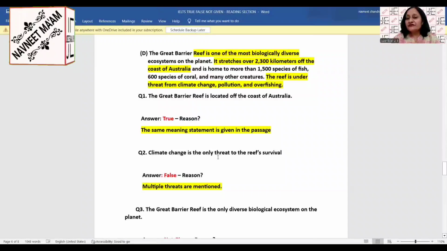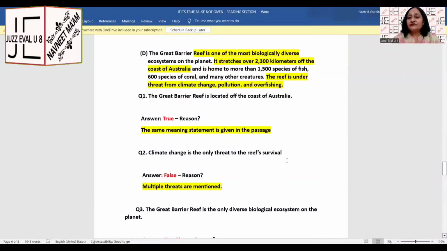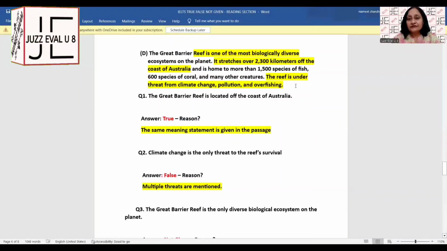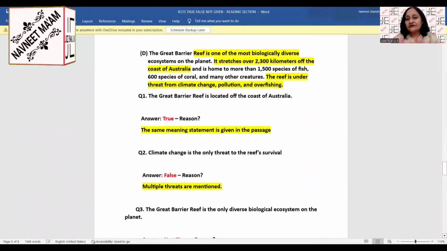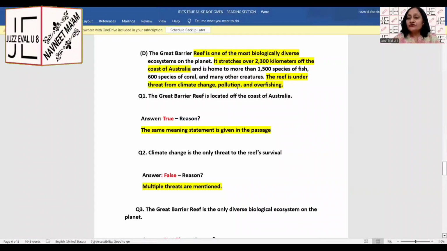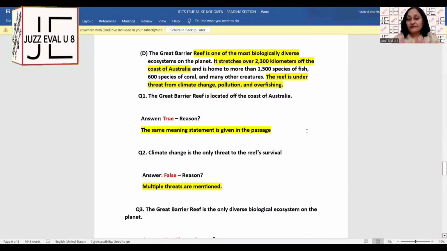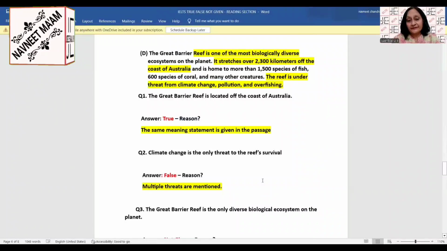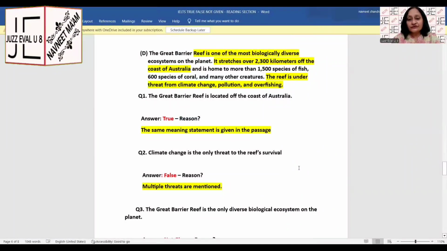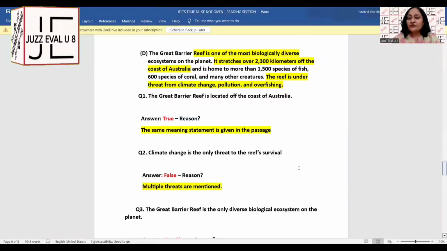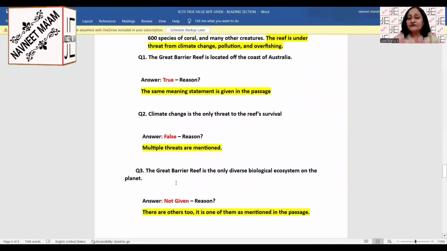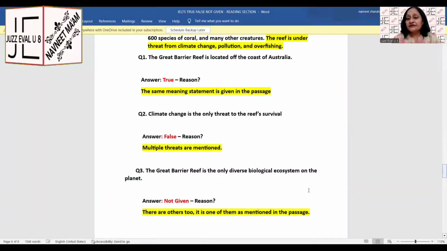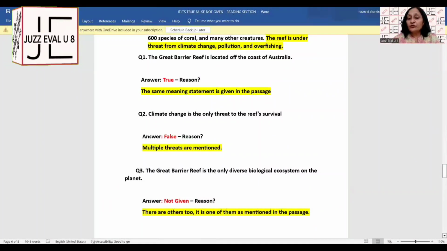Second, climate change is the only threat to the reef's survival. Is it? If we see here, the reef is under threat from climate change, pollution, and overfishing. So, there are other threats also there. Then the third question, the Great Barrier Reef is the only diverse biological ecosystem on the planet. Remember, only.